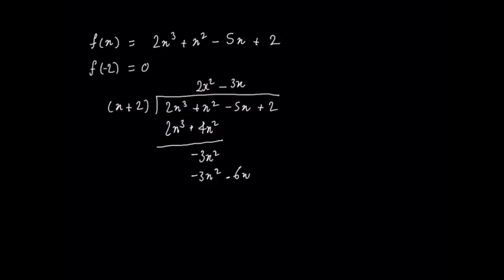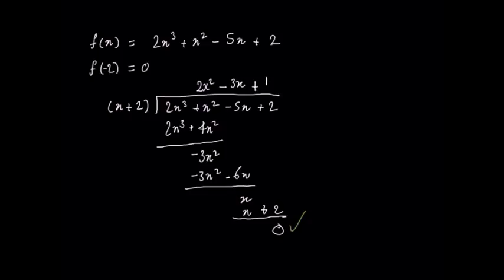Minus 5x minus minus 6x is going to be x. x into x is going to be 1, so that will be x plus 2, and when we subtract we get a 0. So we know we've done this division correctly.